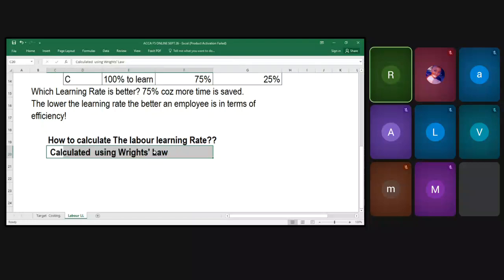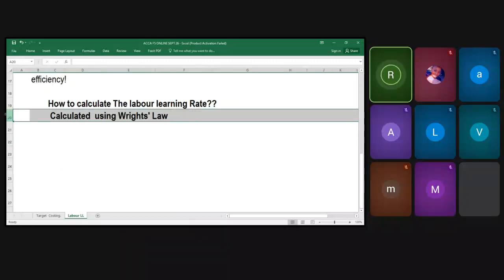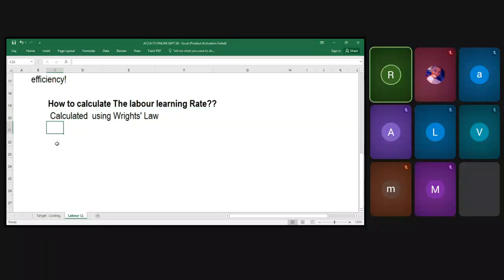So what did Wright's law state? Let us look at Wright's law. The law states what? And then we are going to make use of that to calculate the labor learning rate. It's quite easy, straightforward.